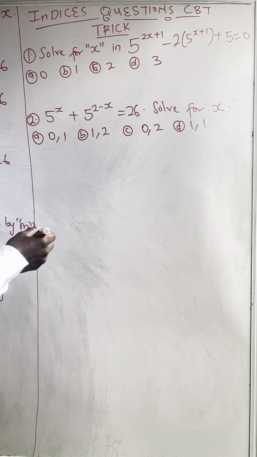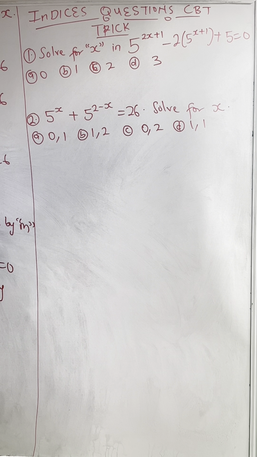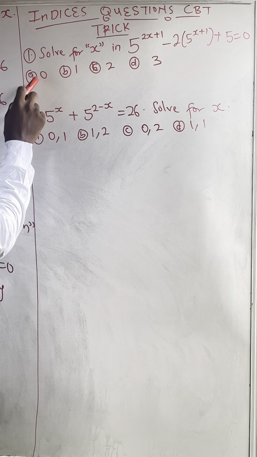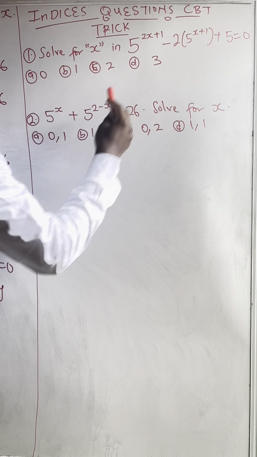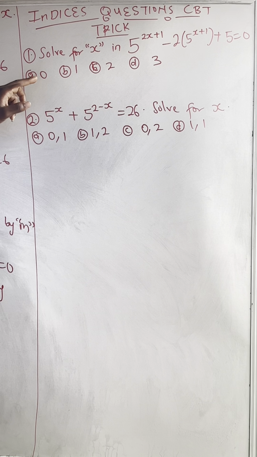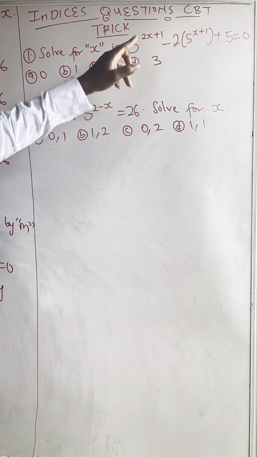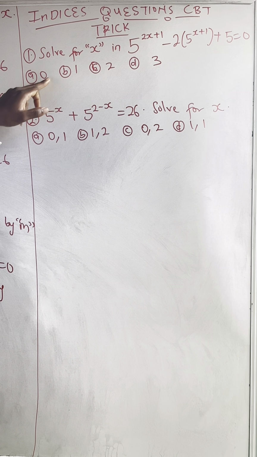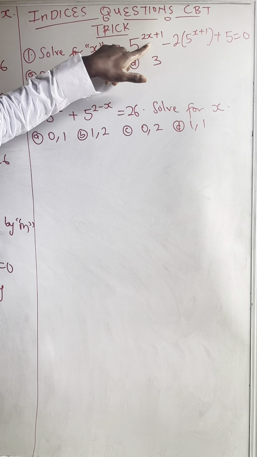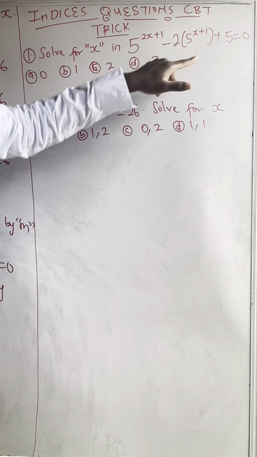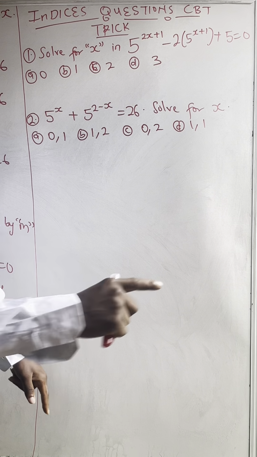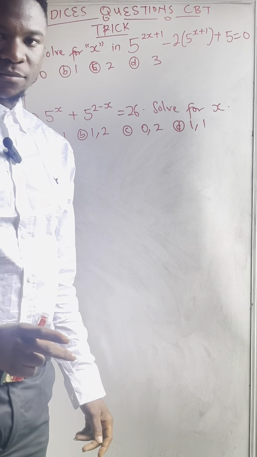Now, listen to the trick. The trick is that whenever they ask you to look for a value for x, if the value for x is in any of these options, let's say the value of x is 0. If truly the value of this x will be 0, if I substitute 0 here into the left hand side, I must get the value on the right hand side.